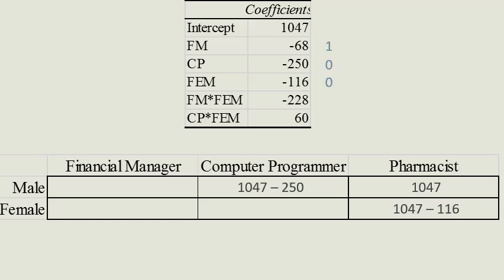Next, let's switch on the indicator variable for financial manager. The interaction variables are still 0, and this gives us the expected salary of male financial managers. Next, let's look at female computer programmers.